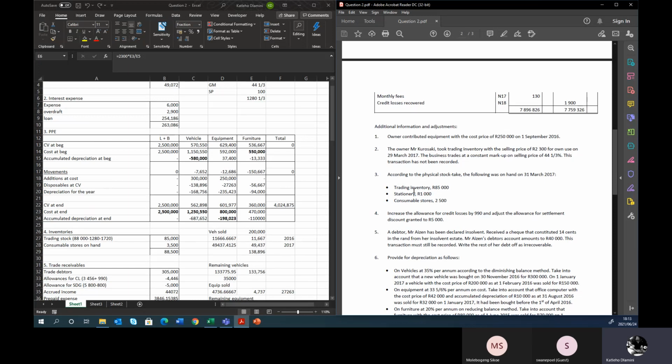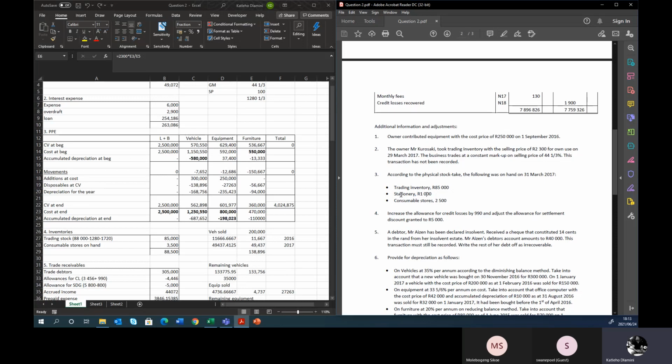Because remember, depreciation is an expense. So basically, you're taking the asset and you keep subtracting its value and putting it into an expense account called depreciation. So you're turning that asset into an expense slowly. So by the time we get to the end of the year, it would already be an expense.